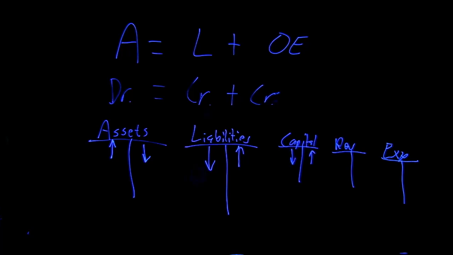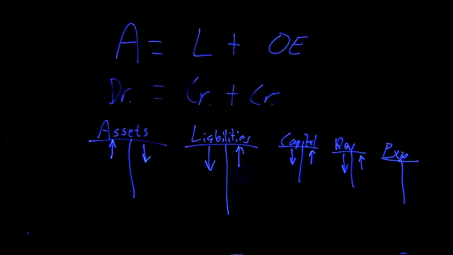And then the inverse would be a debit. We know revenue increases owner's equity. So we know that owner's equity goes up with a credit balance. A credit balance increases owner's equity. We know revenue increases owner's equity. So when revenue goes up, revenue would be a credit. When revenue goes down, it's a debit.